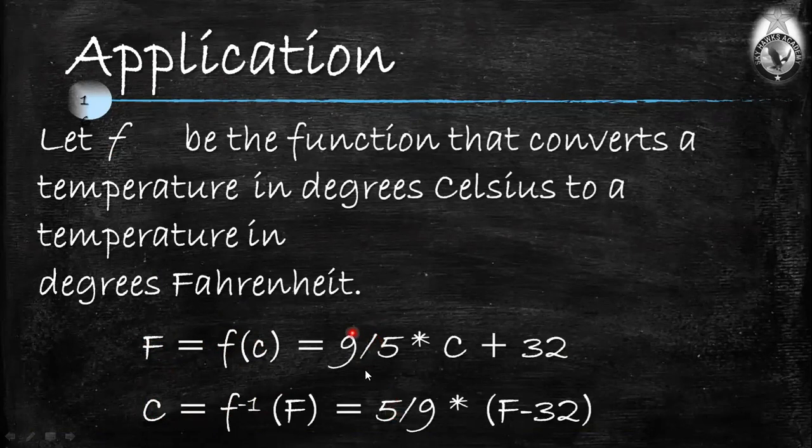This is 5 over 9 instead of 9 over 5. The same sign of multiplication is coming over here. And here, you were adding 32 to the Celsius degree, so this time you are subtracting 32 from the Fahrenheit degree.